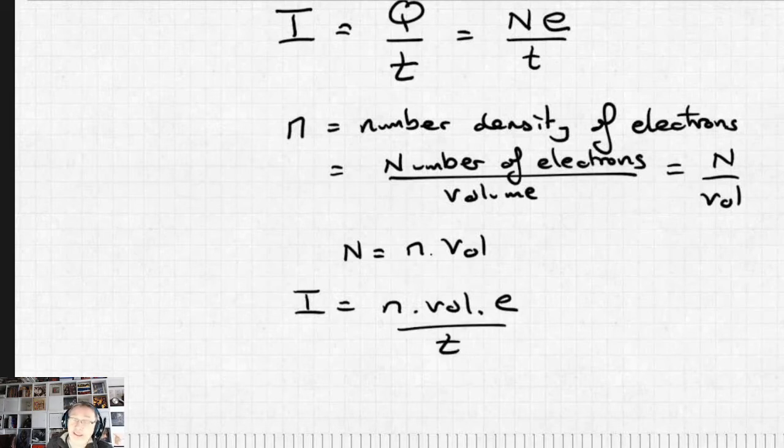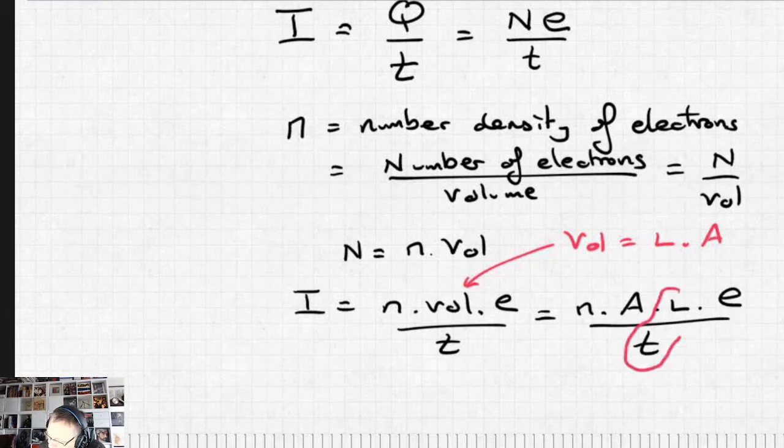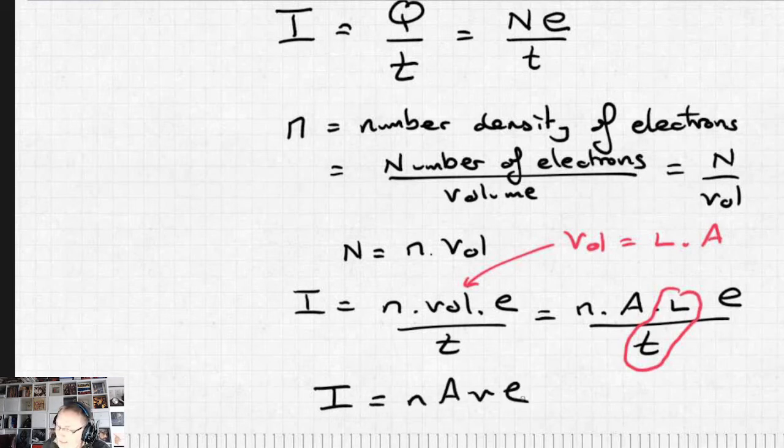And then finally, the volume of the wire is equal to the length of the wire multiplied by its cross-sectional area. So I can write this as little n times A times L times e over t. And finally, the length over time is the drift speed. So I end up with I equals nAve, "nave".